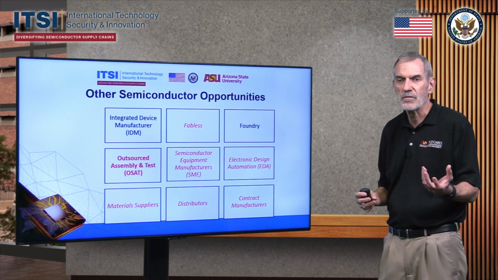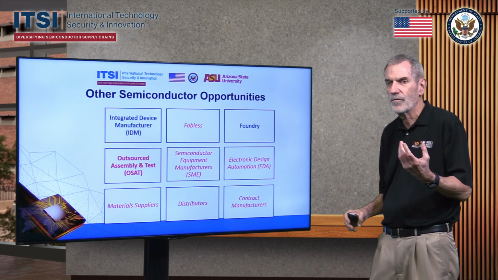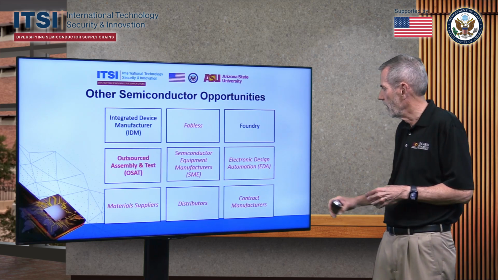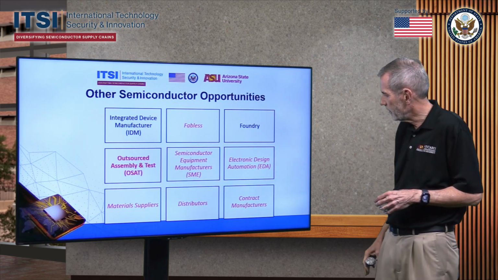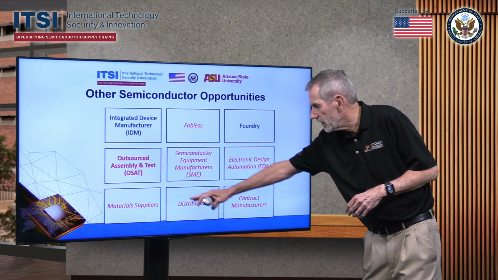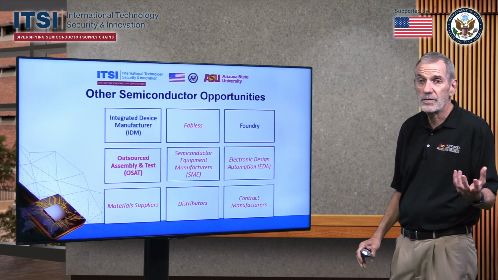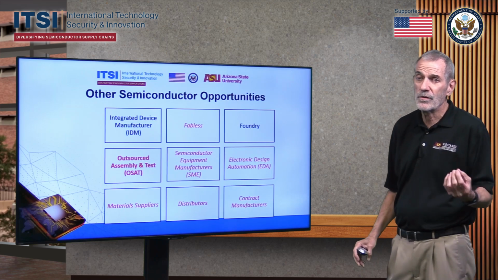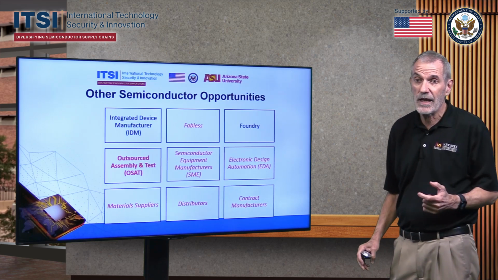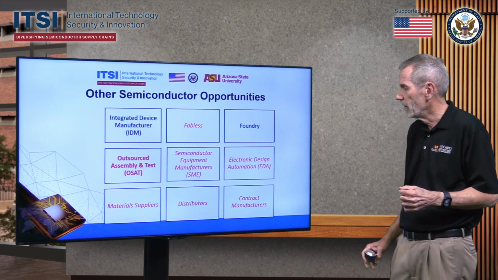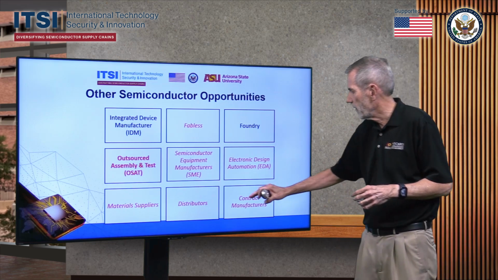Maybe it's making a subassembly for that equipment. This equipment is very, very complicated, some of it. There's also some opportunity in the software space. Obviously, materials can come from different countries. Critical minerals are a huge opportunity. Much of that is in China today, so there's a high vulnerability there.